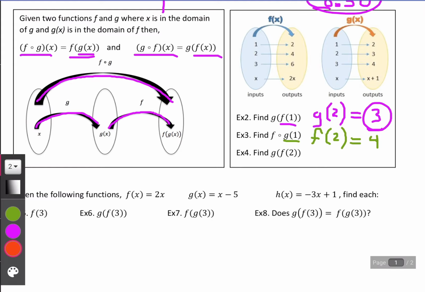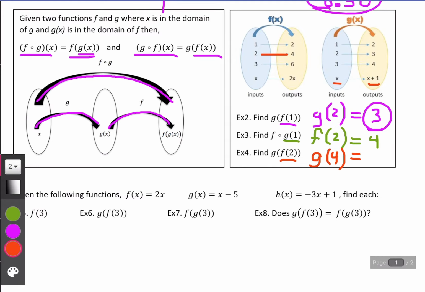Now let's put 2 into the f function. We get 4 out. And now we'll put 4 into the g function. Ooh, this one's not given to us, but we do have this little example of what happens with the x's. If you put something into the g function, what comes out is 1 more than that.